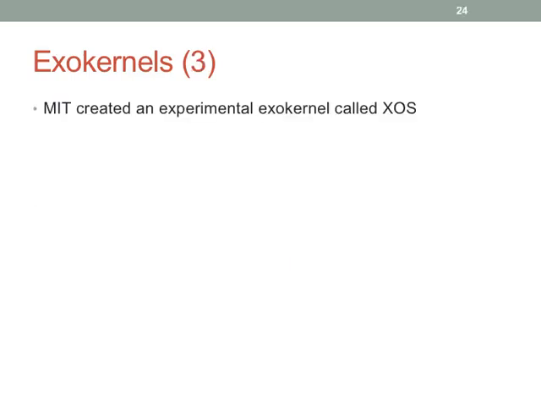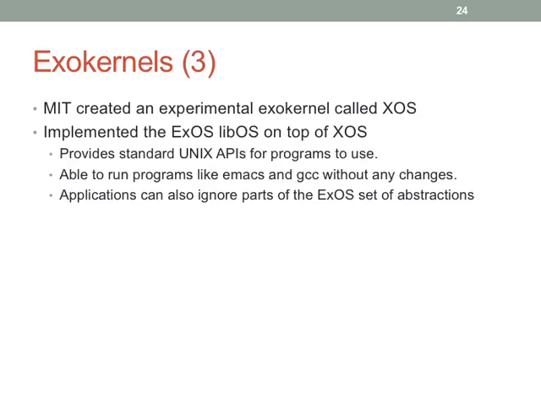Okay. So the experiment that was done at MIT was creating this OS called XOS. So that's an exokernel operating system. It had a libOS, or a library operating system, called ExOS. So the spelling is slightly different, so we have ExOS on top of XOS. And basically, ExOS, the library OS, would implement your system calls like open, read, write, close, sync, all of those kinds of operations that you are all learning to love.